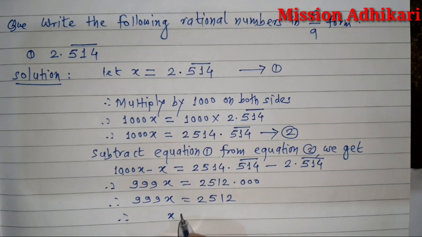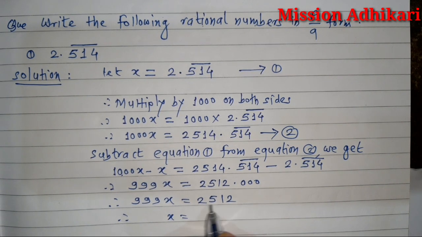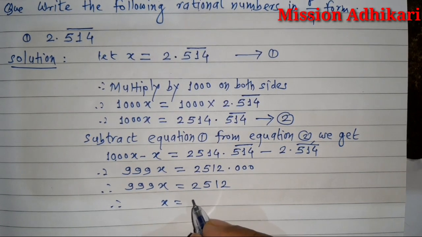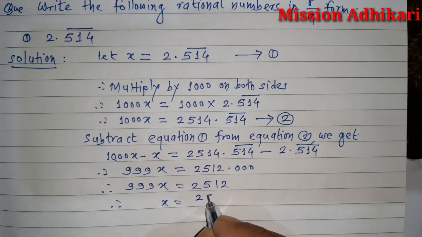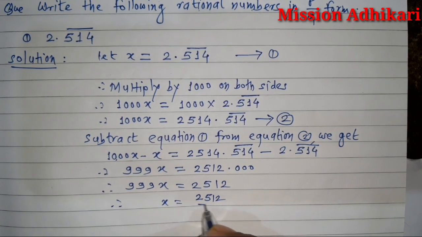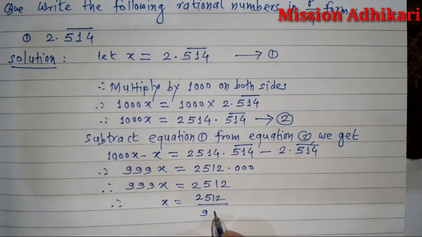Therefore, x is equal to what? We divide 2512 by 999. Therefore, x is equal to 2512 divided by 999.